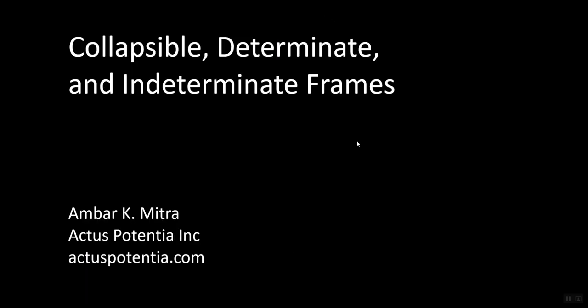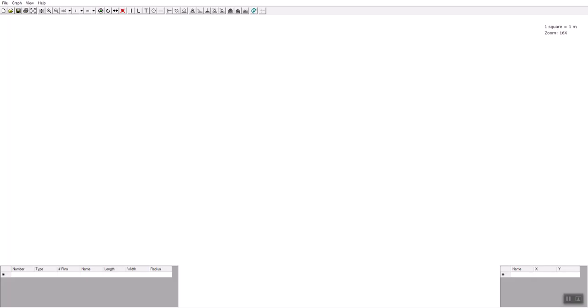Okay, now we have pinned down this idea of two force members, and now let's look at some structures. And we will use the concept of two force members. Let's build a structure using the free body diagram software from Actus Potentia. In this software you have an empty workspace, and there are some tools at the top, and as I solve 2 or 3 problems you will know how these tools are used.